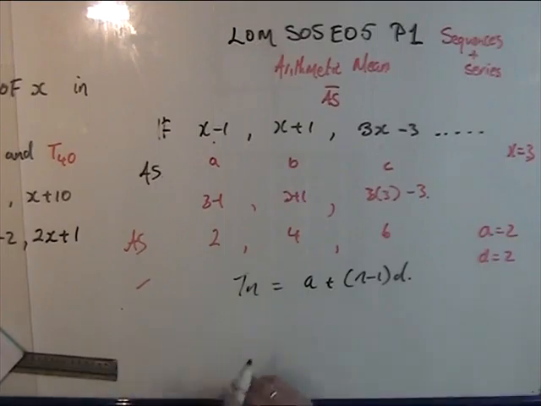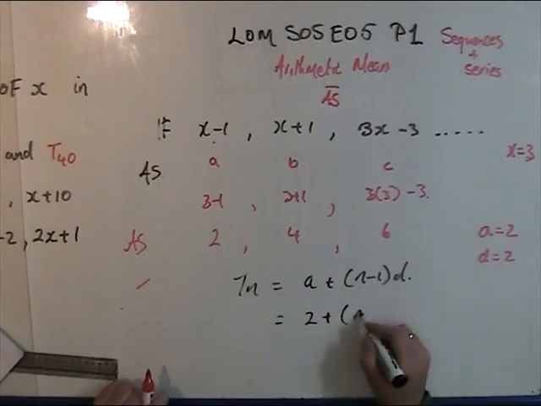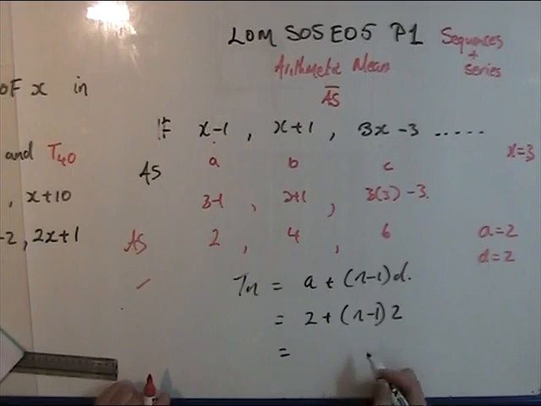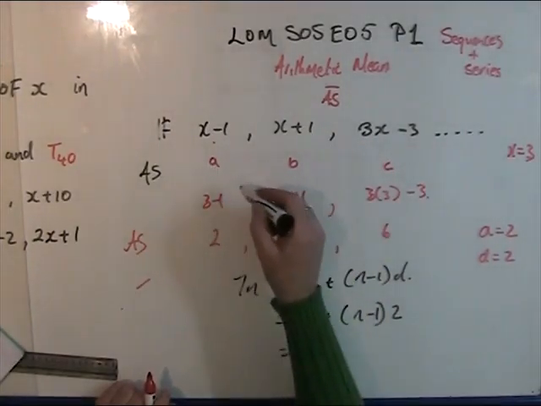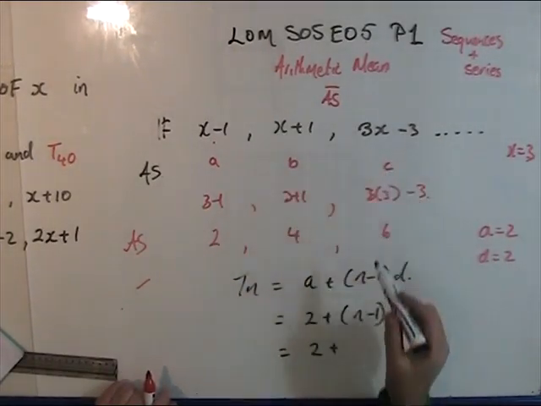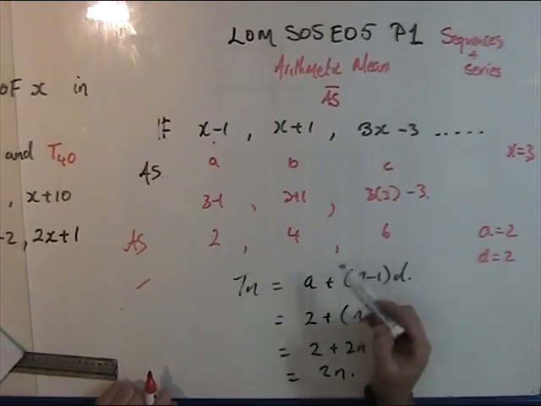So it's equal to A, which is 2, plus n, which we don't know, minus 1 times D, which is the difference, which is 2. So now we're actually making a formula for this particular series. Multiplying this out, the answer is 2n. So the general formula for this is 2n.